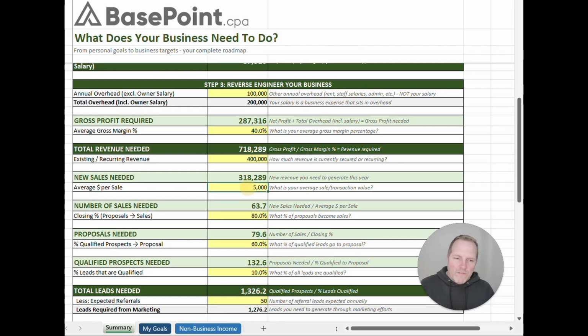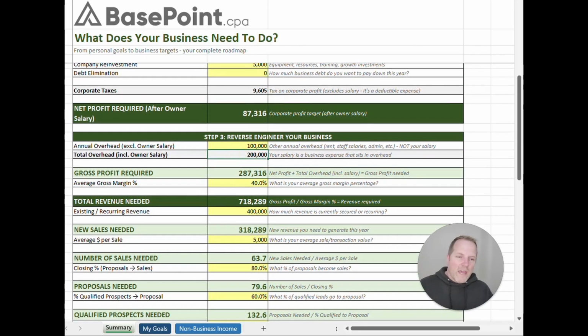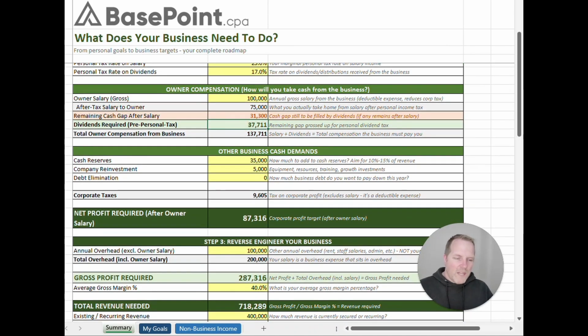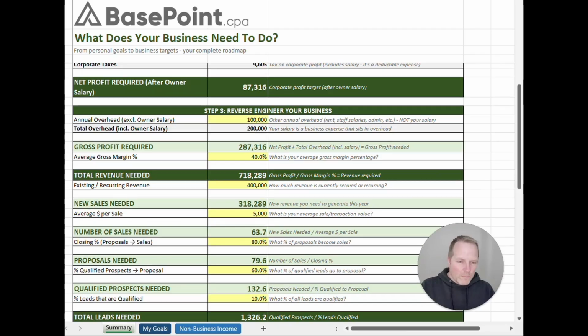At an average sale value of $5,000 in order to generate another $318,000 of revenue, which adds on to our $400,000 to give us total revenue of $718,289, which at a 40% gross margin gives us gross profit of $287,316, which then covers our overhead and salary, again, owner salary of $200,000, which then leaves you with the $87,316, which helps cover your corporate taxes, then your company reinvestment amount, the cash reserves, and the dividends that you need to take in order to, once again, have your cash in hand of $106,300 for the year in order to accomplish your goals.